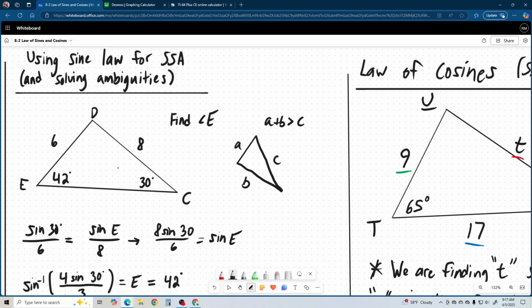Otherwise, the triangle can't exist. So we could do the same thing here. We could find this side length and then determine whether or not it's actually a triangle to begin with, right? I'm just going to tell you for this problem that it is a triangle.